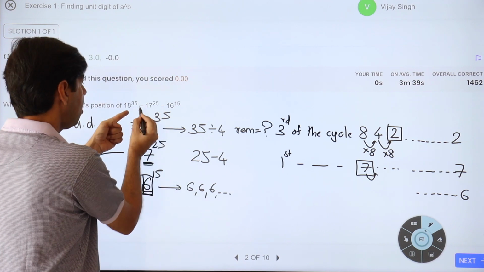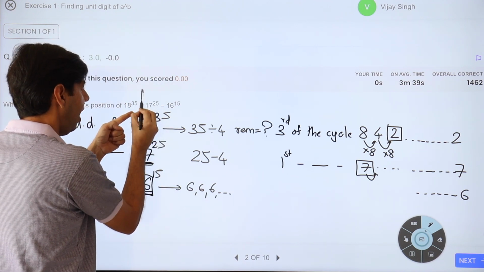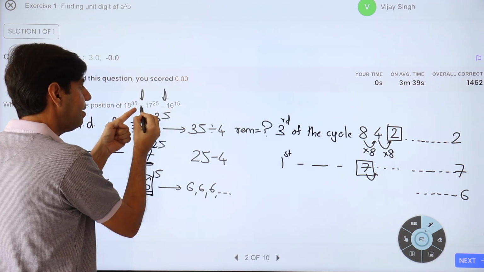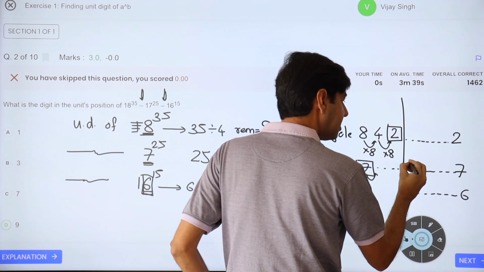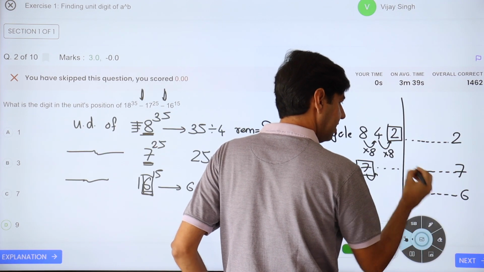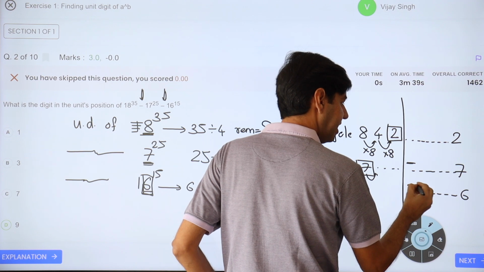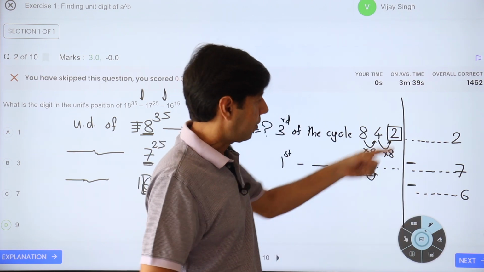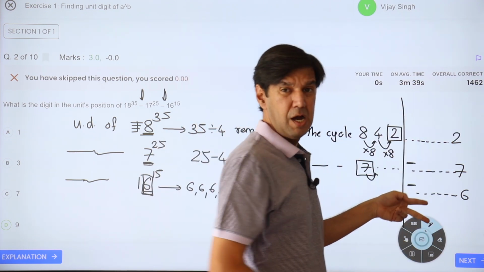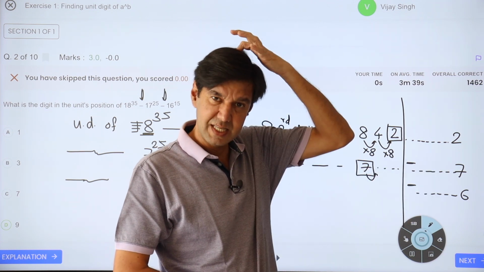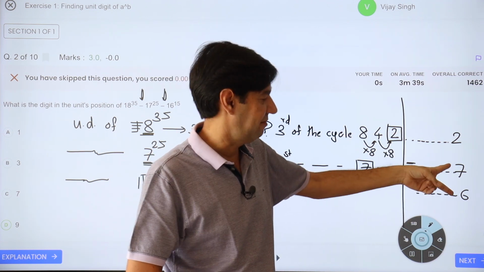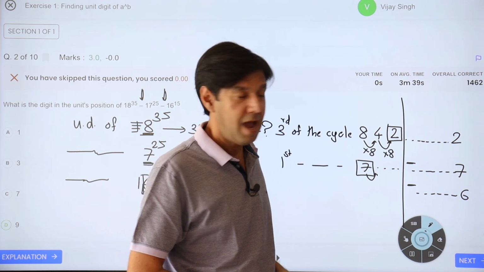Now don't forget what maths you have to do. You have to do the first one minus the second, minus the third. Remember, I am subtracting these numbers. You could take a minus common, and 7 plus 6 is 13.